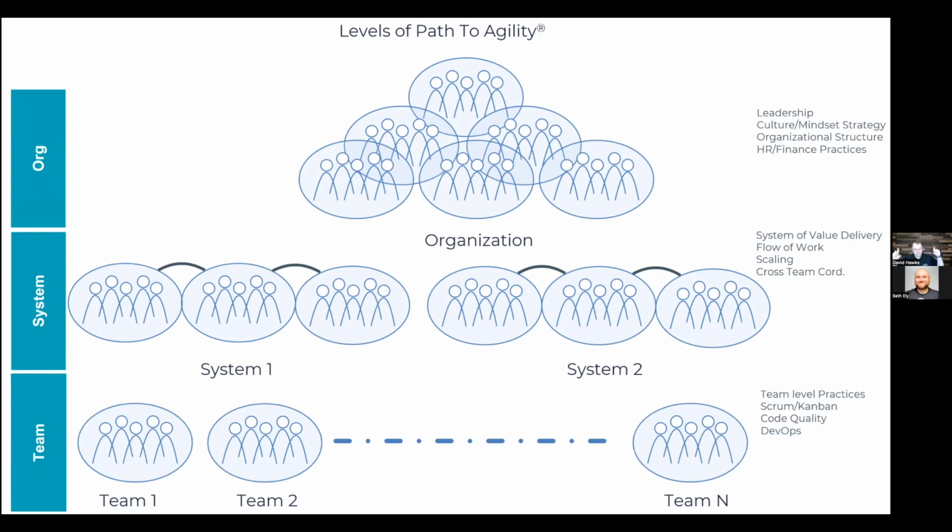Are we shifting things at that organizational level? In order for an organization to achieve organizational agility, we're going to have to make changes at all three of these levels. You can't really just do something at one of these levels in isolation. You could take a slice through a small part of an organization and do that, but you really need to make impact at all three of these levels.